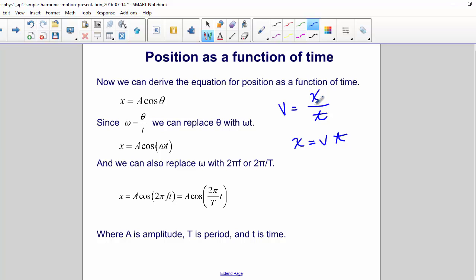And now we can also replace omega with 2 pi f, or 2 pi over T. That is similar to v equals 2 pi r over T, where A is the amplitude, capital T is period, and lowercase t is time.